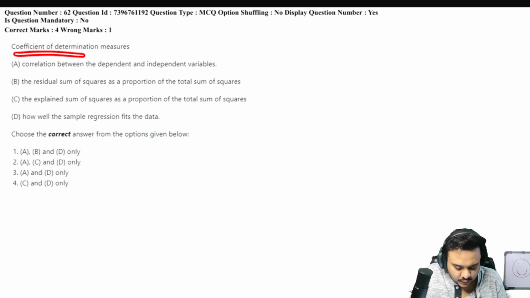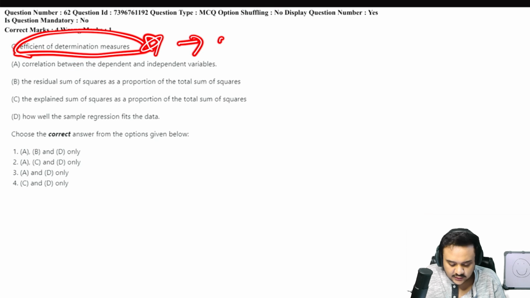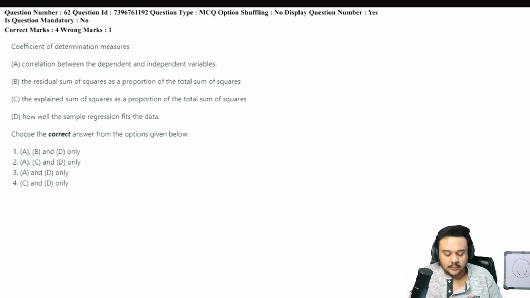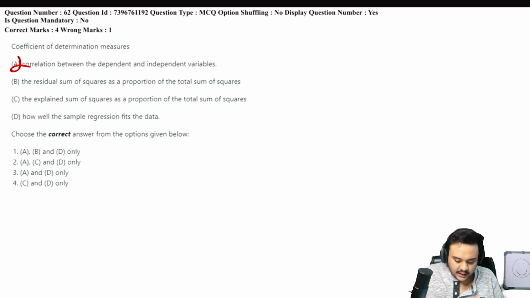Then the 61st says coefficient of determination. Again, very important. Even the coefficient of non-determination is very important. Okay, so it measures the correlation between dependent and independent variables. That is incorrect.